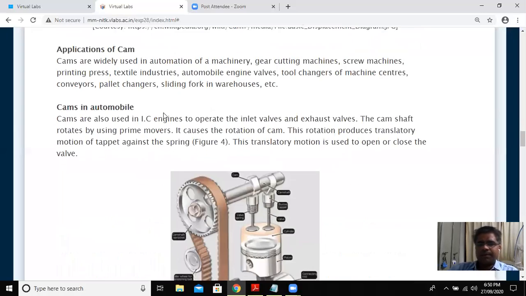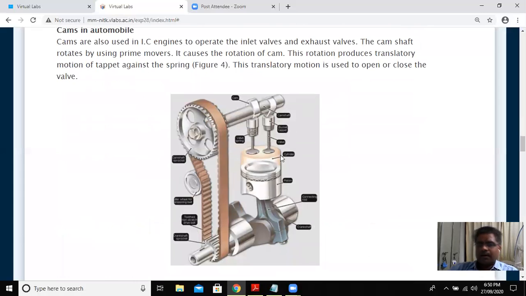Now, applications of cam. You can see in IC engines, opening and closing of the valves will be operated by the cams. Like this, will be having a cam, and this will be the follower. So as this shaft rotates, because of its shape, it is having the peak point here. Means when this point comes and touches the follower, it will be at the lowermost position.